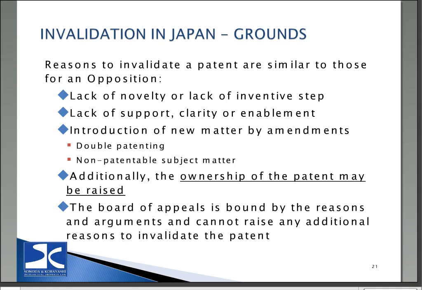And in the opposition, the Board of Appeal is bound by the reasons and arguments and cannot raise any additional reason by itself. So the question is whether the filer of a nullity action succeeded in proving to the satisfaction of the Board of Appeals that there is a good reason to invalidate the patent.